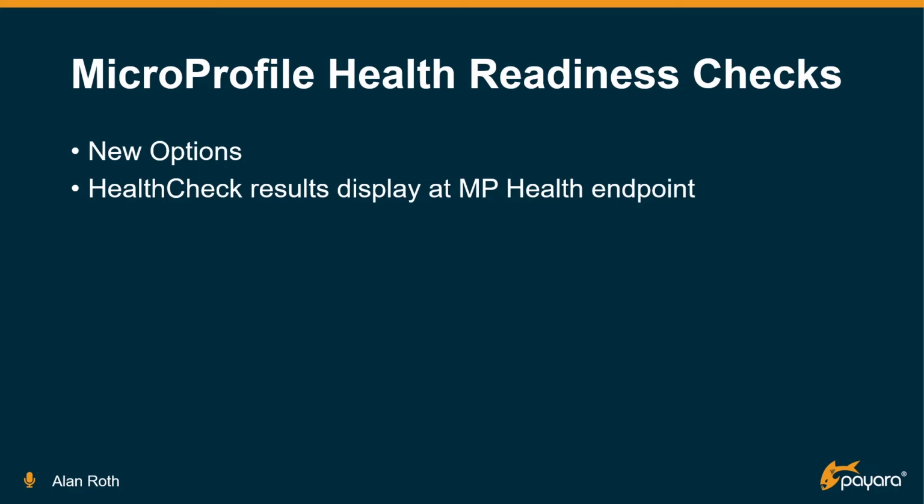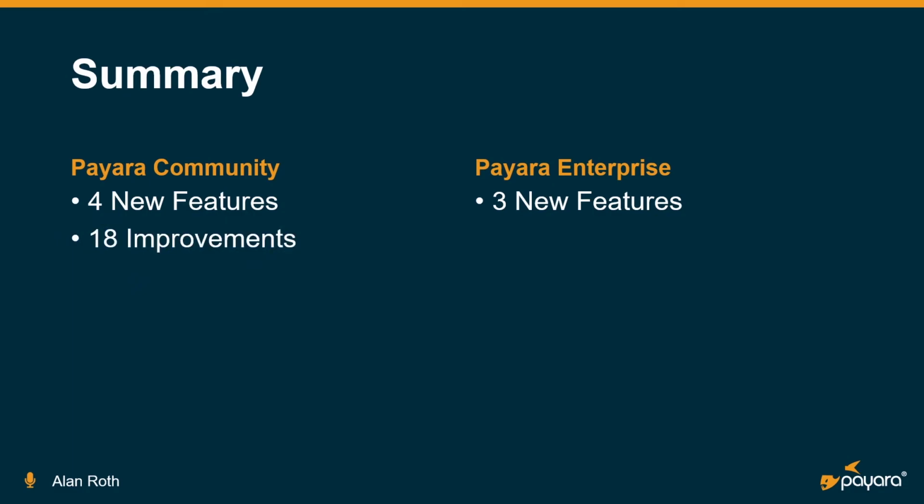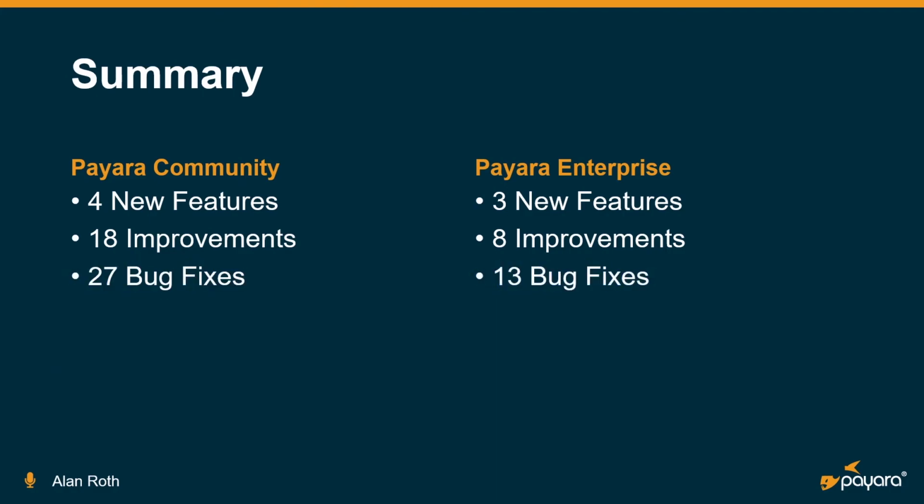Now, for a quick summary, what has been added to the October release of Payara Platform. There have been 4 new features in Payara Community, 3 new features in Payara Enterprise, 18 improvements in Payara Community compared to 8 improvements in Payara Enterprise, 27 bug fixes in Community, and 13 bug fixes in Enterprise.